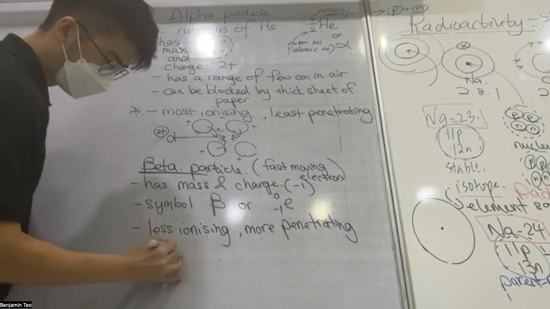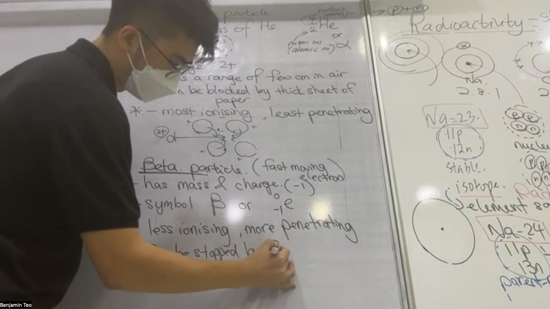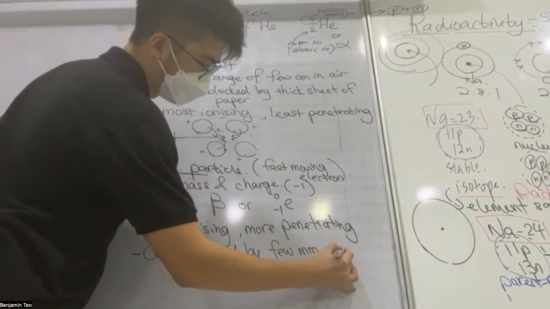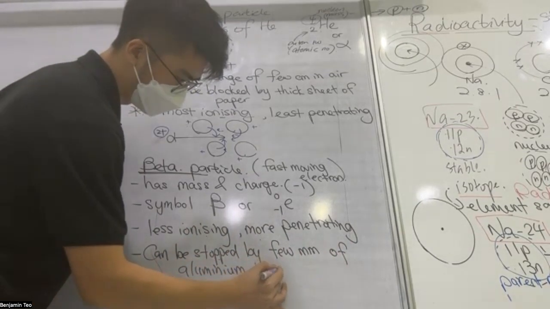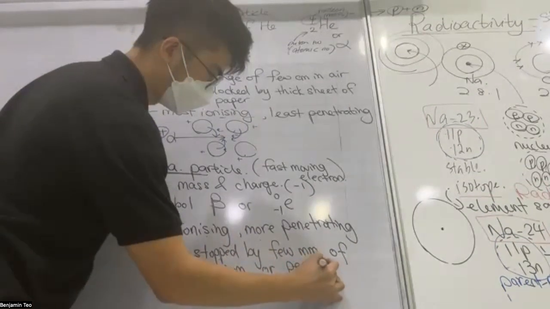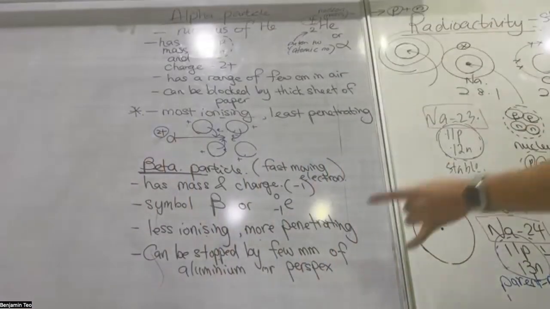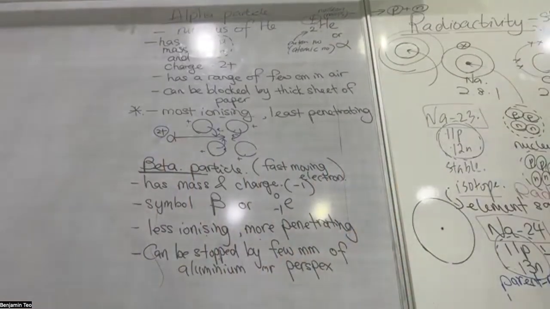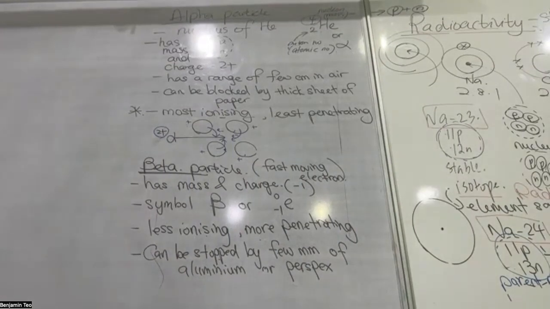As for its range in air, it can be stopped by a few millimeters of aluminium or perspex. Perspex is the material of a car's plate number, a bit like reflective plastic.